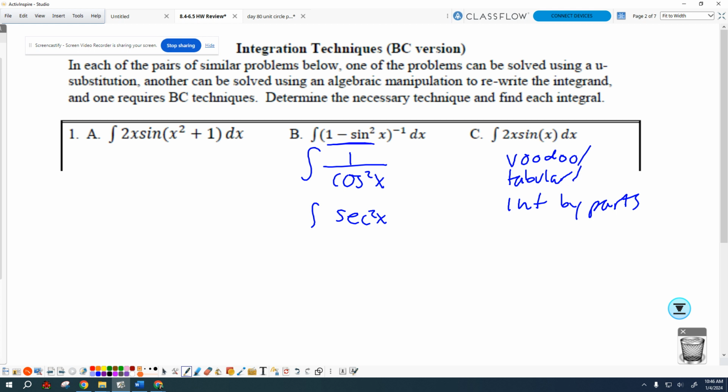So 1 minus sine squared is cosine squared, so trigonometry, and 1 over cosine squared, well, that's known as secant squared, and we know a trig function that has that as its derivative. Tangent, okay, thank you. What's the first one? Now that we've done these other things, that one's now the hard one. U substitution. Nice job, Sienna. The u value is the x squared plus 1.